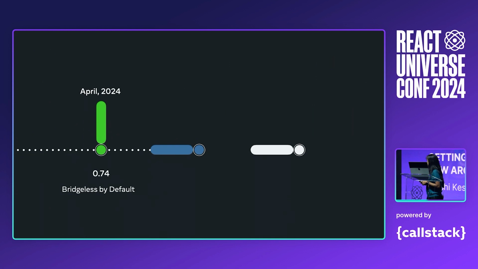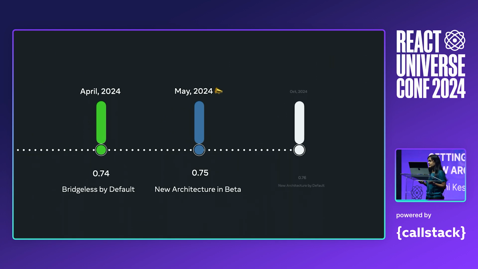In 0.75, we focused on the new architecture stabilization, migrated those libraries to the new architecture and the ecosystem to par with the new architecture. And yes, in 0.76, as you saw in today's keynote, new architecture will be the default now that the ecosystem is ready.